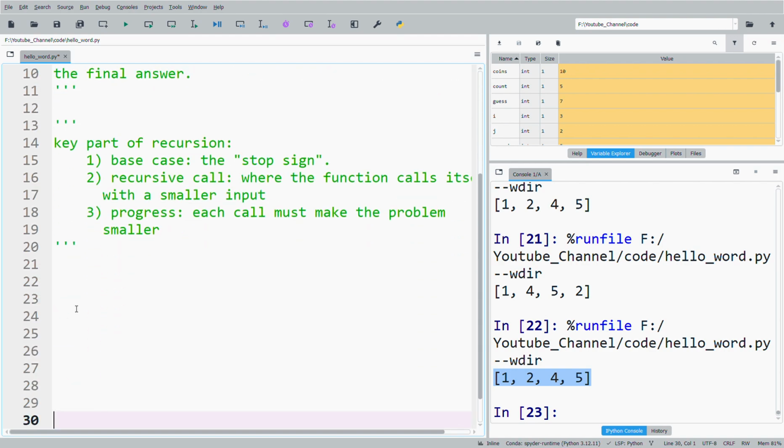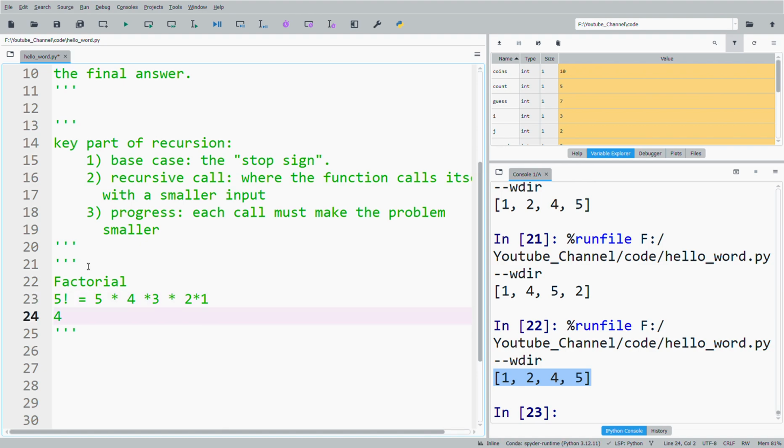So let's look at an example: factorial. Let's compute 5 factorial. We know it equals 5 times 4 times 3 times 2 times 1.